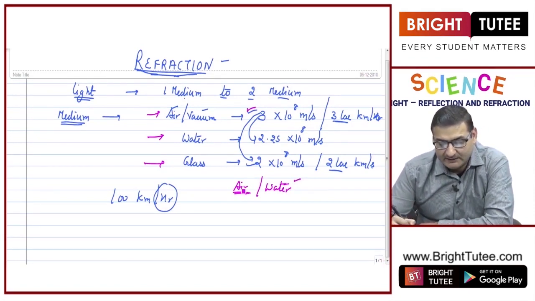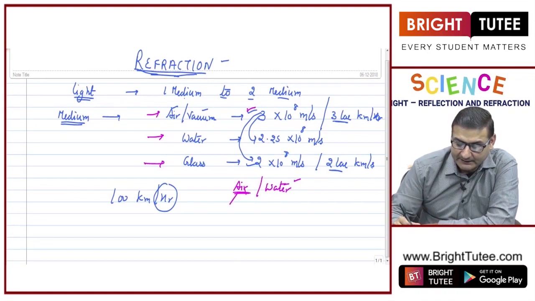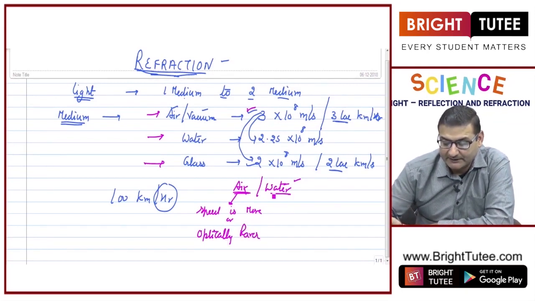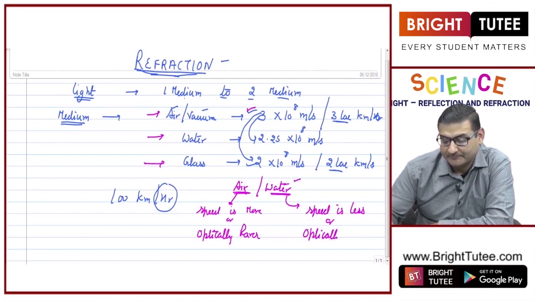So when I compare two media, the medium in which the speed of light is more is known as optically rarer medium, whereas the medium in which the speed of light is less is called optically denser medium.